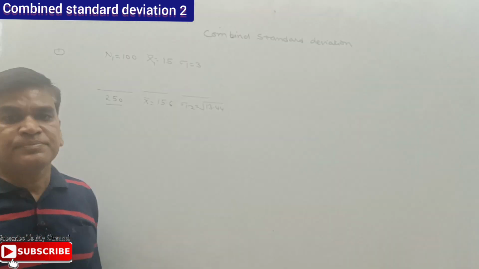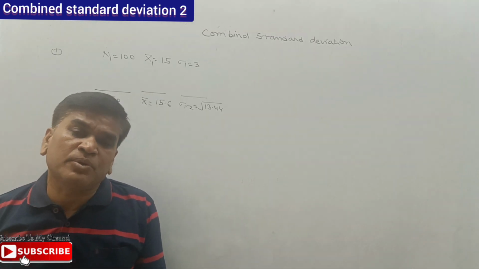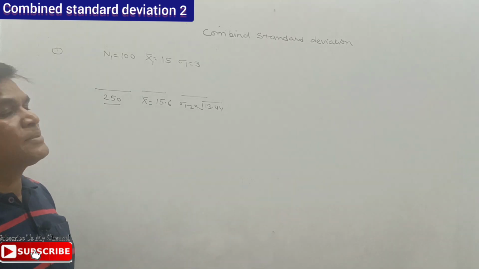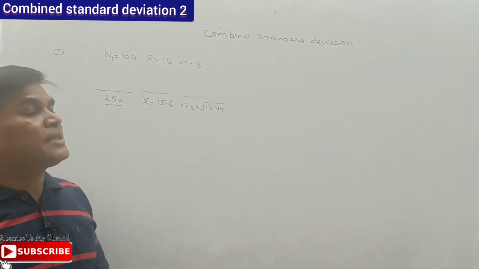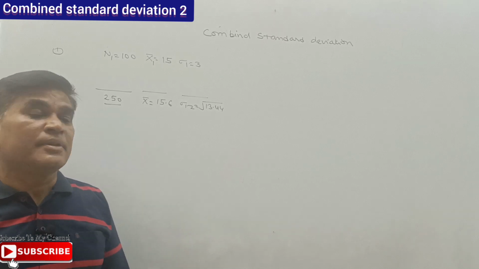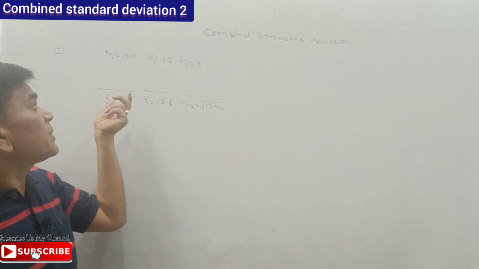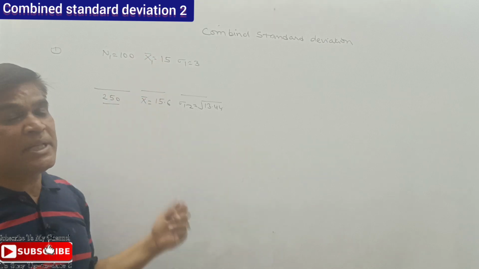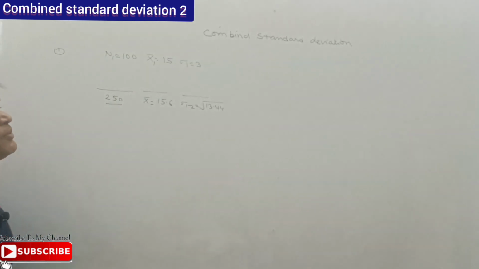In this question, we are given that of two groups, one group contains 100 items with arithmetic mean 15 and standard deviation 3. The total number of items is 250. The combined arithmetic mean is given as 15.6 and the combined standard deviation is given as under root 13.44.